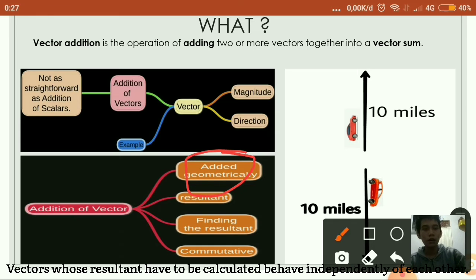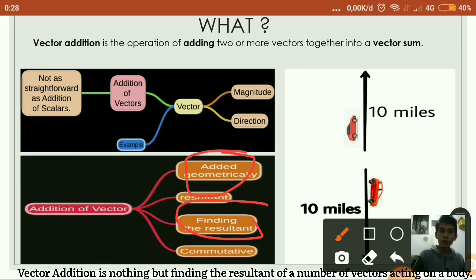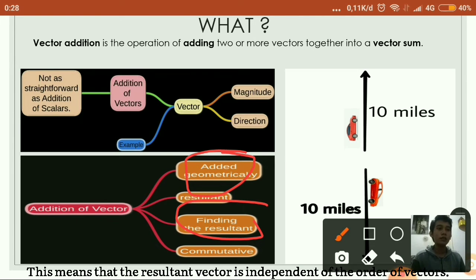Next, vectors whose resultant has to be calculated behave independently of each other. Third, vector addition is nothing but finding the resultant of a number of vectors acting on a body. And fourth, vector addition is commutative. This means that the resultant vector is independent of the order of the vectors.